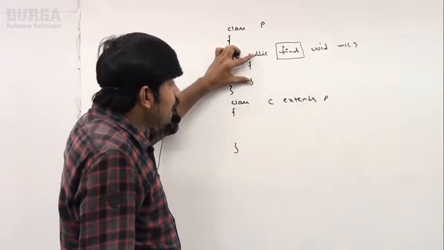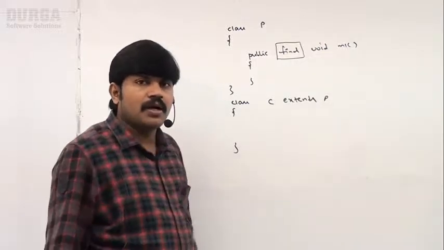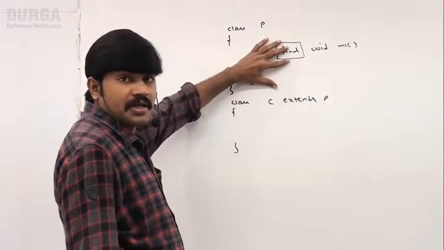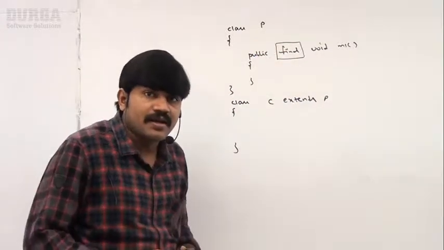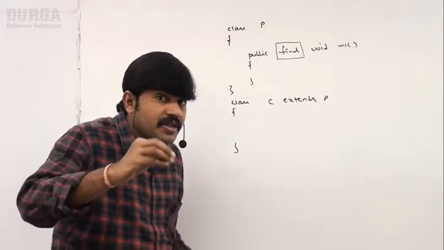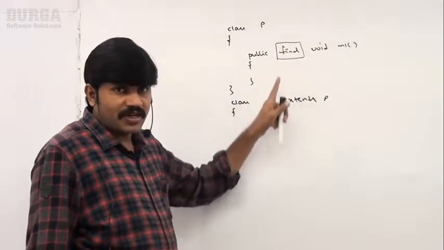Sir, if the parent class method is declared as final, then it is the final implementation. No one is allowed to override. If the parent class method is declared final, the overriding concept is not possible for that final method.